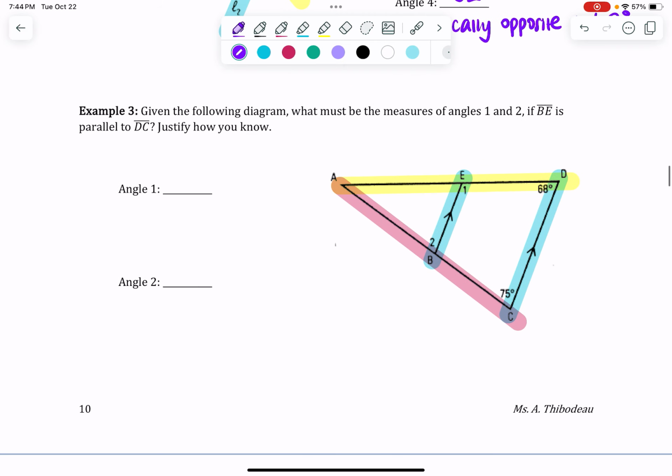So right away, I can say angle 2 is 75 degrees. Why? Well, it's because they're corresponding angles of parallel lines with 75 degrees.